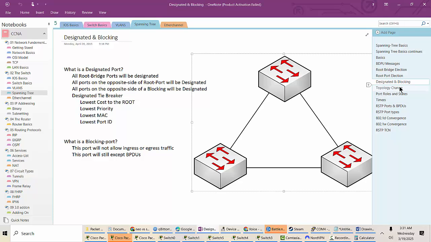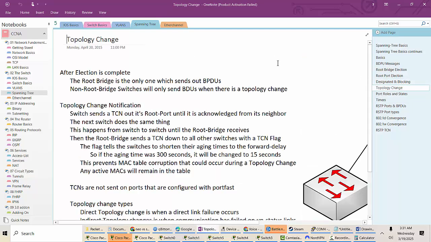If it doesn't accept BPDUs, how is it going to know when to change that blocking port into a forwarding port or a designated port when a topology change notification is given? Make sense? Okay? Now, speaking of which, this is where we stop.